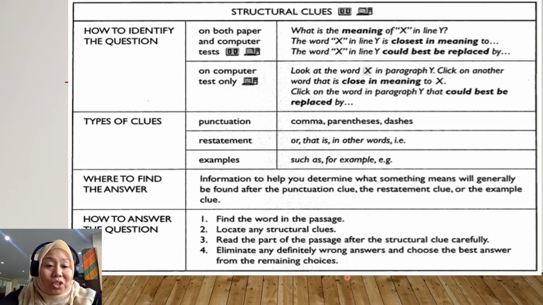These can be in the form of punctuation, restatement, or examples. And these are the clues: comma, parentheses, dashes, or that is, in other words, such as, for example. Okay, that is for skill 8, find the definition of words.